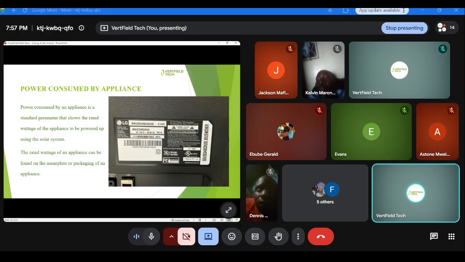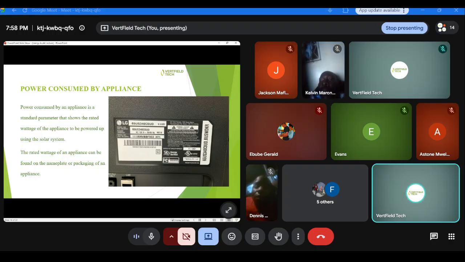So in very simple terms, the power consumed by an appliance tells you the wattage, or the power rating, of each and every appliance that is to be powered up using the solar system. Now, the follow-up question should be, how do you get to know the rated wattage of each and every appliance? It is gotten from the nameplate that accompanies your appliance.